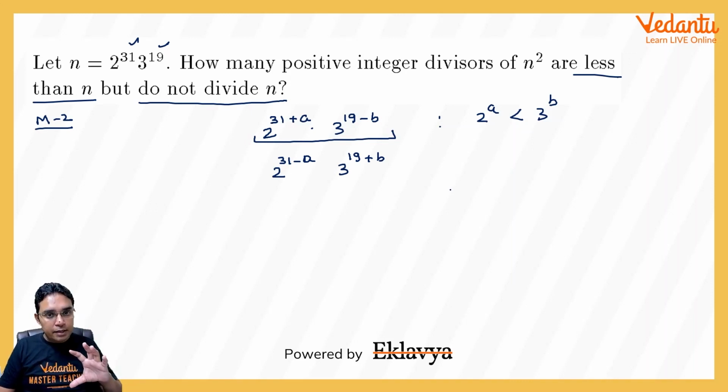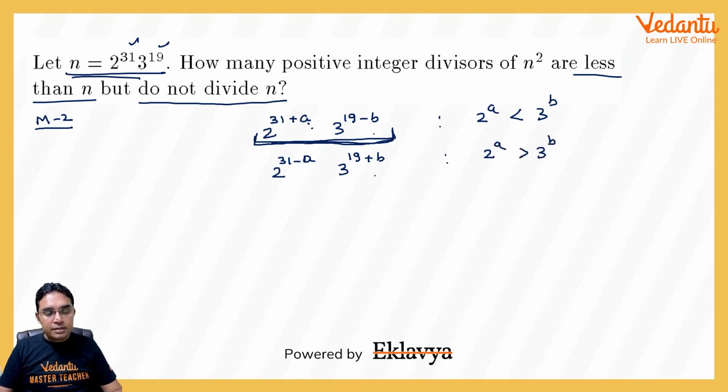Please try to understand. We are multiplying this n by 2 power a, and we are dividing n by 3 power b to get this divisor. And if we want this to be lesser than n, then 3 power b has to be bigger. Similarly here, this 2 power a has to be greater than 3 power b.